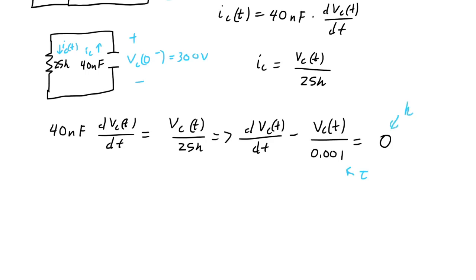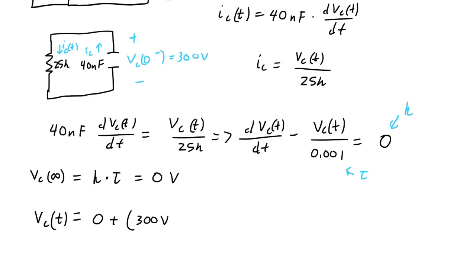So to find VC infinity, which is what we needed to find the rest of our expression, it's going to be K times tau, which is 0 volts. So the voltage across the capacitor is going to be the infinity plus the initial condition, which is 300 volts, minus the infinity, e to the minus t over tau.